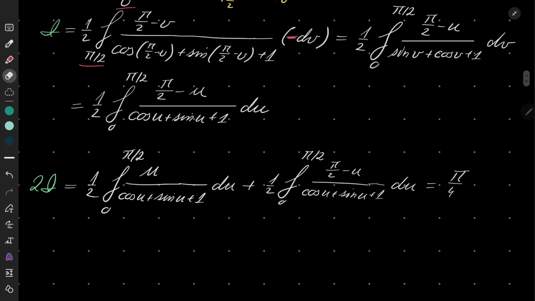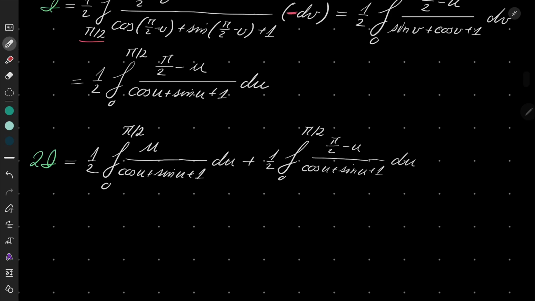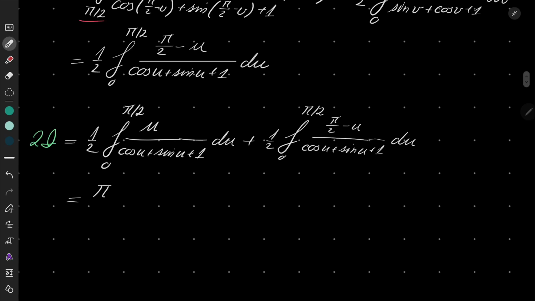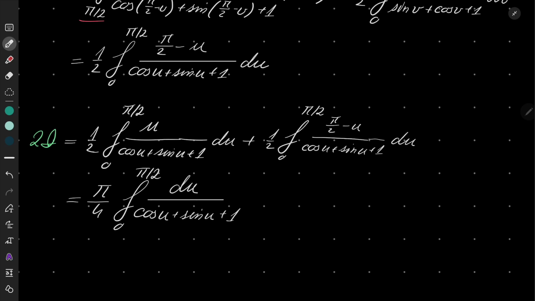I'm running out of space anyway, so let's write it in the next line. It's pi over 4 integral from 0 to pi over 2 of just cosine of u du over (sine of u plus 1). Because u is gone, here we have u and here we have minus u, so the other part is gone after combining it into one integral.